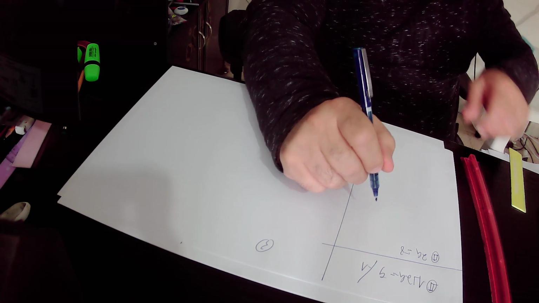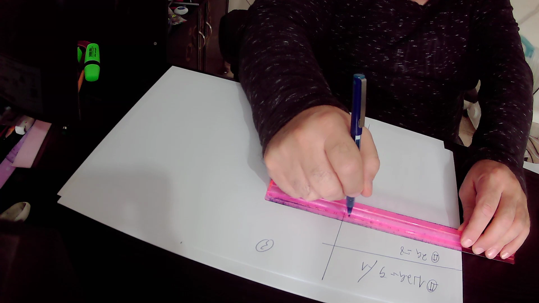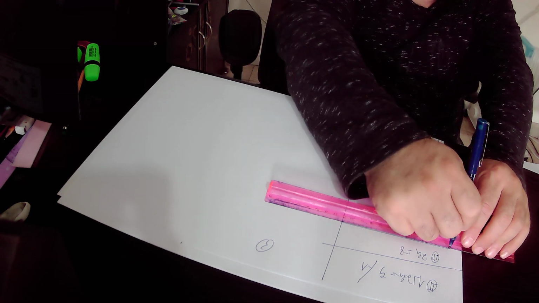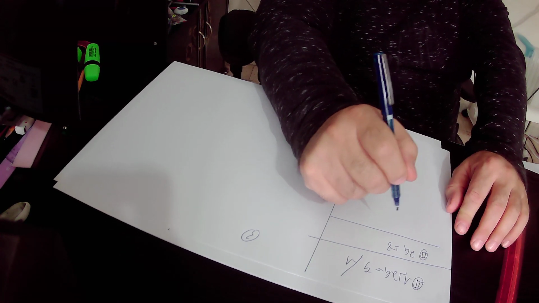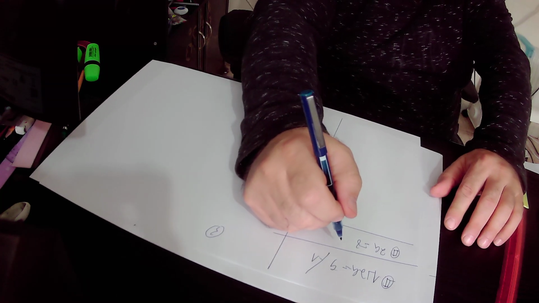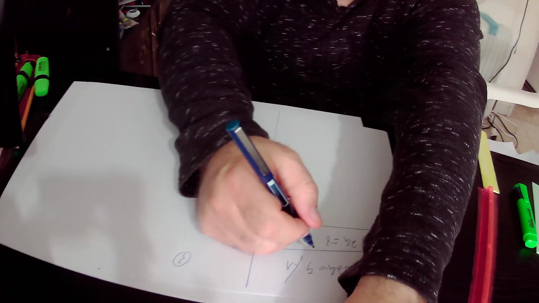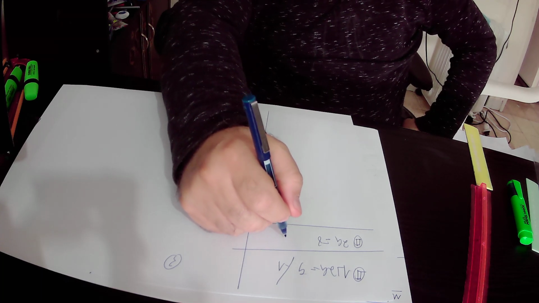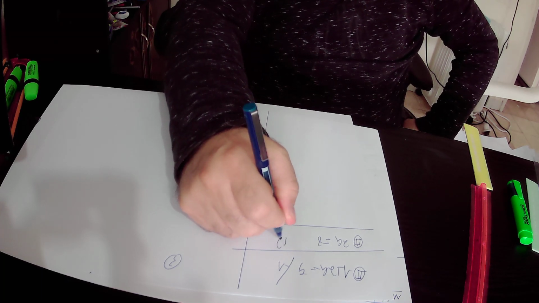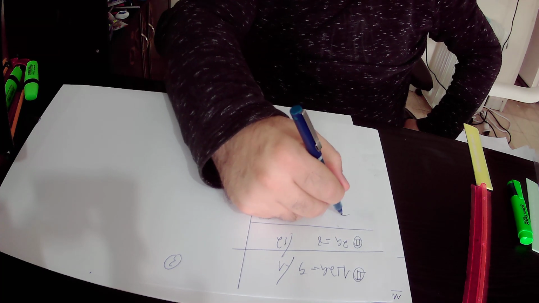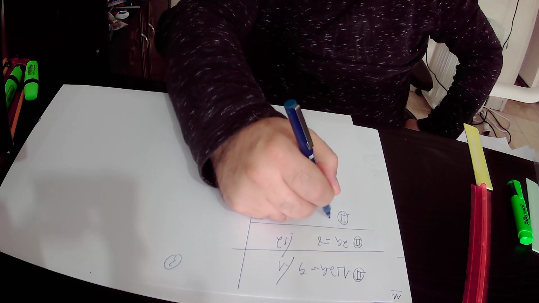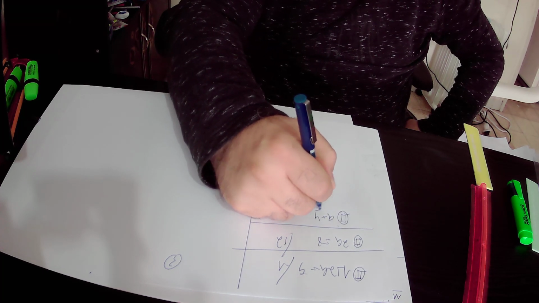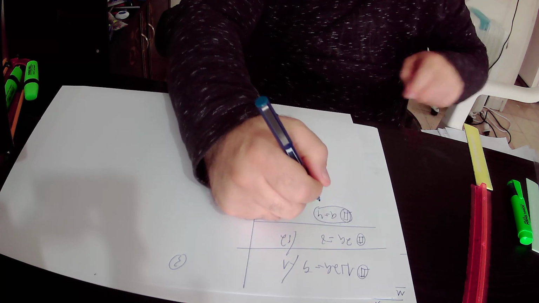So in conclusion, 2A equals 8. Here we will divide this equation by 2, and we get that A equals 8 over 2, that is 4. So A equals 4 according to equation number 2.